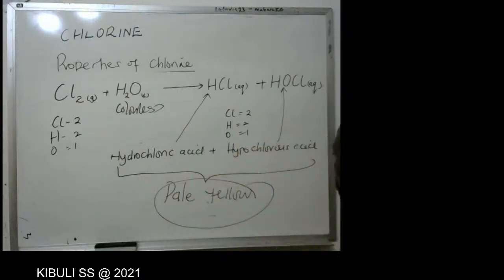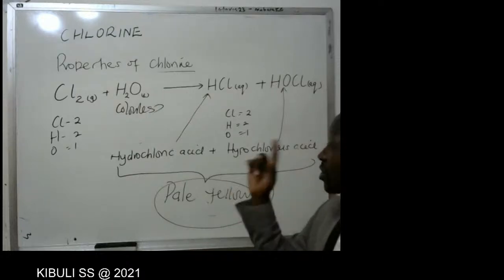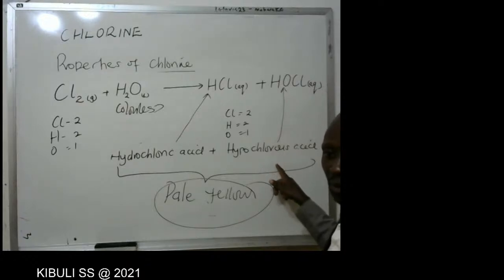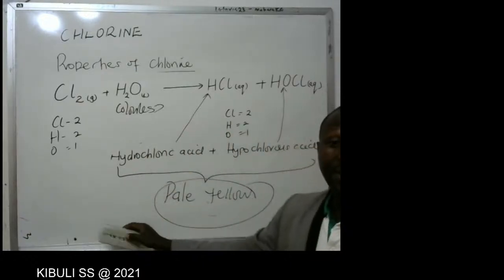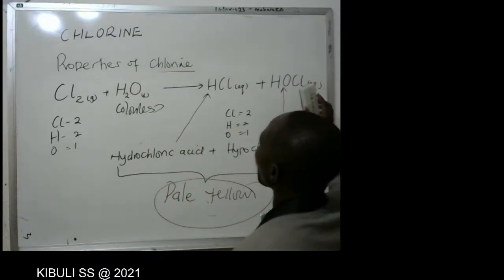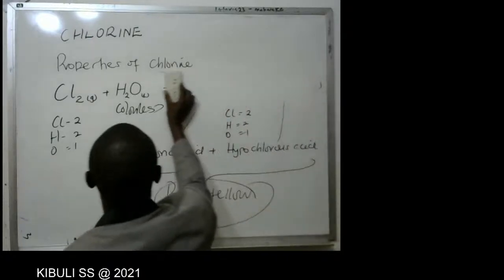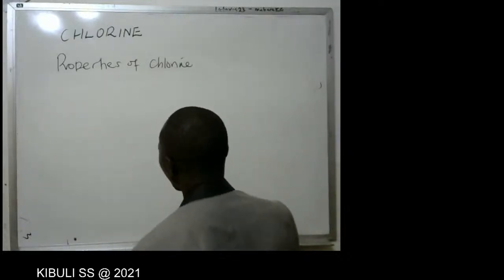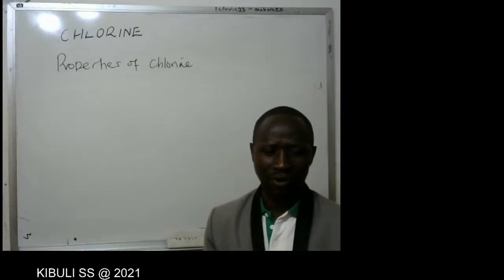Why does it turn to pale yellow? Because of formation of a mixture of hydrochloric acid and hypochlorous acid, commonly referred to as chlorine water. So where do we find this chlorine water more applicable? Where do you use it? In so many things. Number 1, I said bleaching action of chlorine.